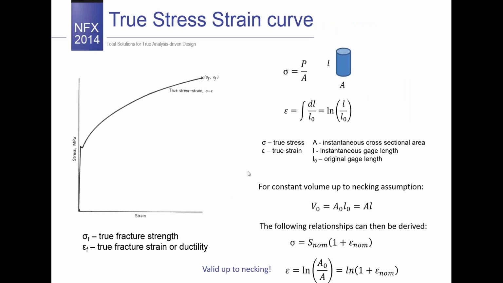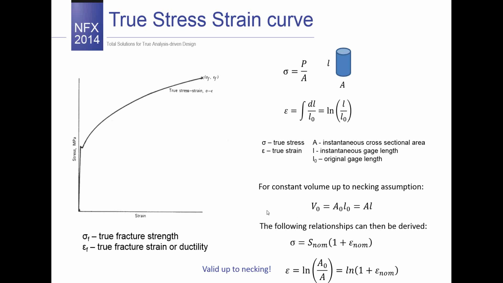And the second curve is the true stress-strain curve, which provides you the real stress-strain relationship for your specimen. This time the behavior is characterized by the actual force divided by the actual cross-section area, and the total strain is calculated using this formula, which equals the natural logarithm of the instant gauge length divided by the original gauge length.